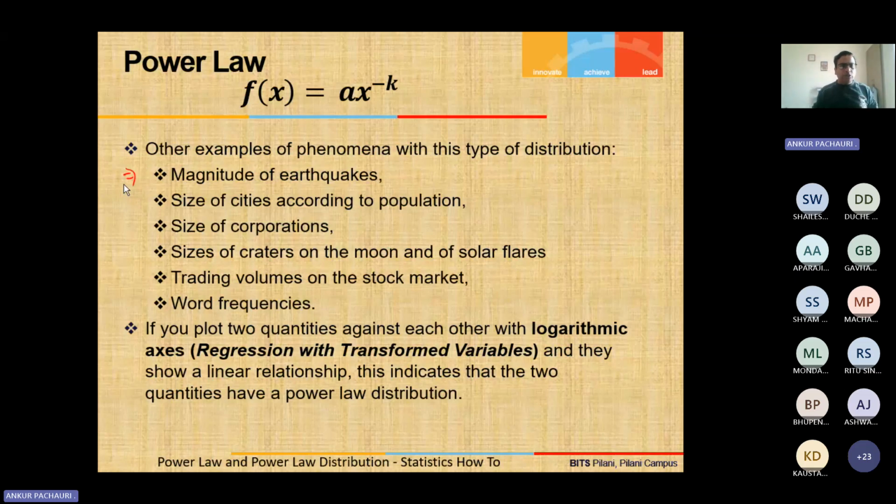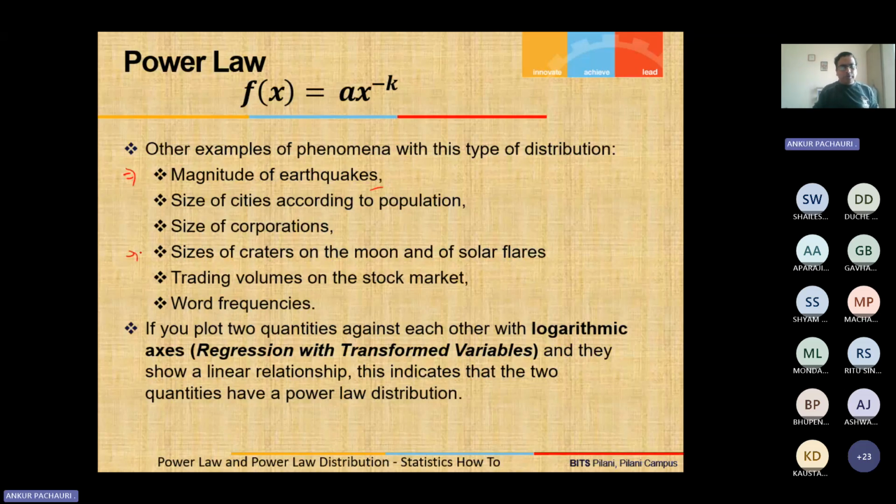The number of earthquakes that occur daily on Earth is very huge. But there are only a few earthquakes beyond 7 on the Richter scale, which have a high impact on mankind. So that's also a power law. Most earthquakes have no impact, but only a few have a very high impact.